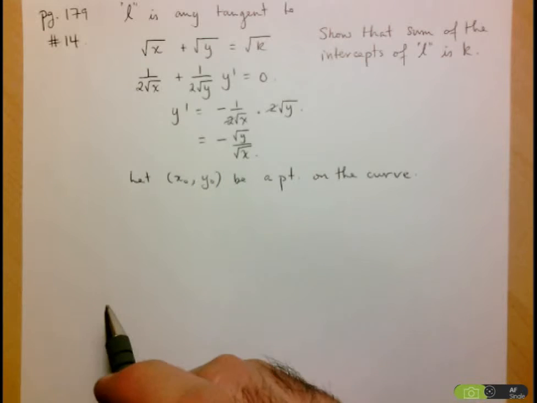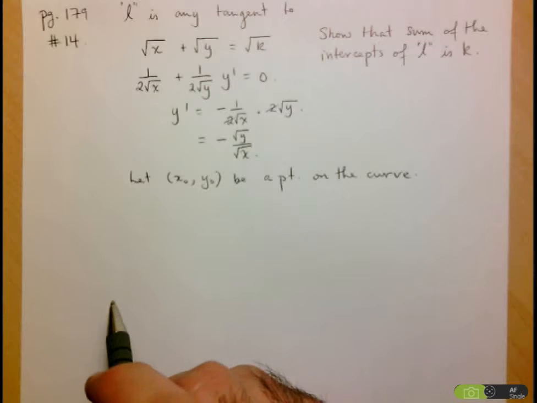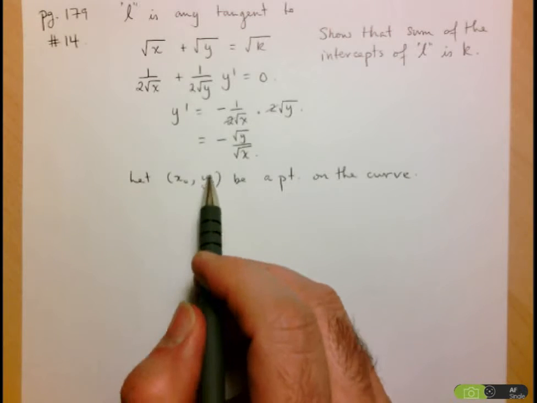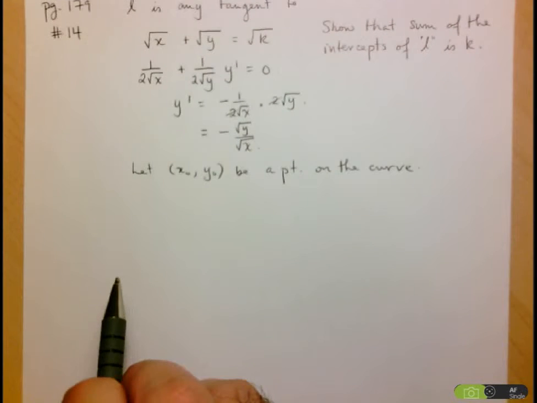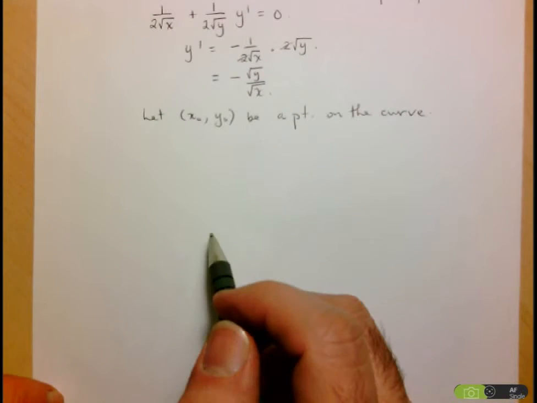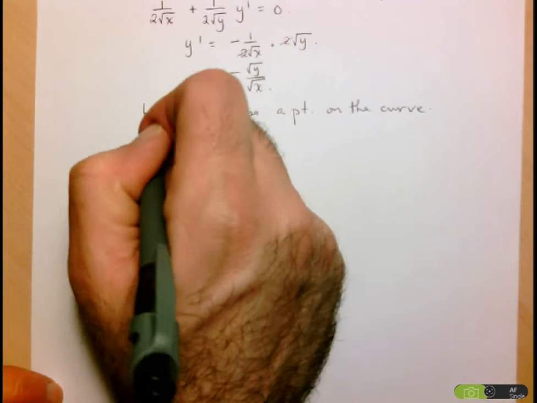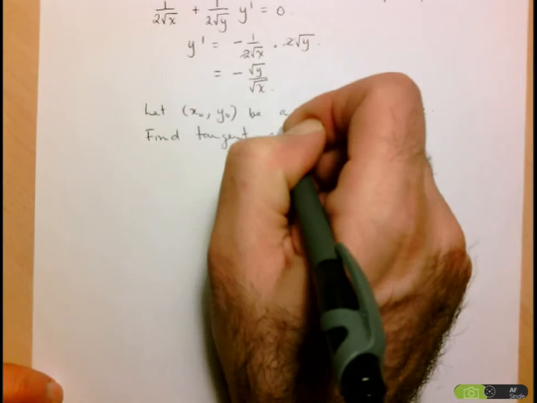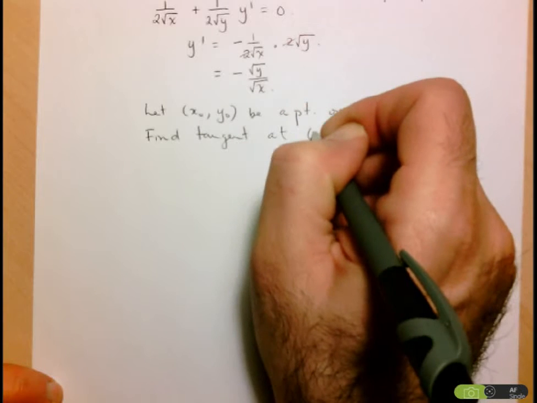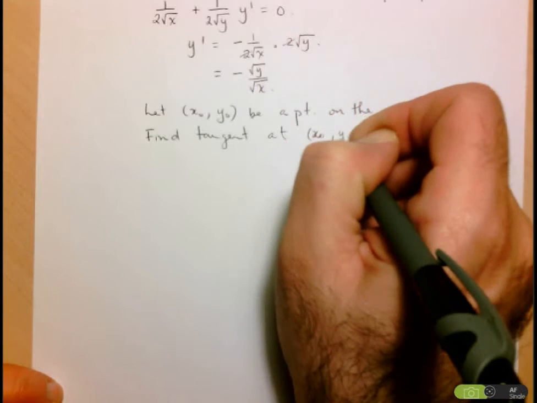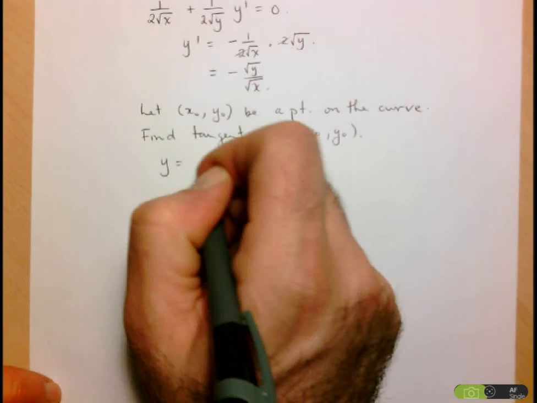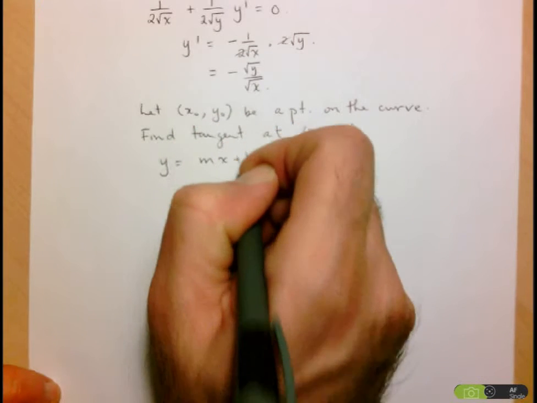Okay, and since we're trying to find the tangent to the curve at that point, I'm going to use this point and the derivative to find an equation for this line. So here let's find the tangent at x naught, y naught. Okay, so y equals mx plus b.